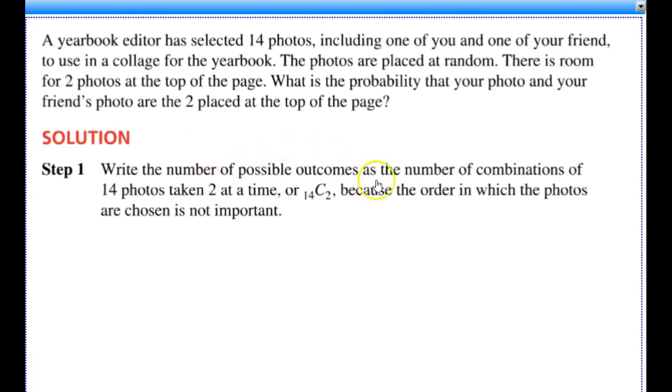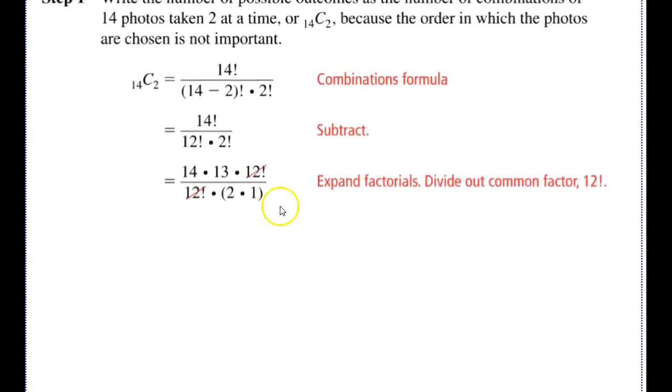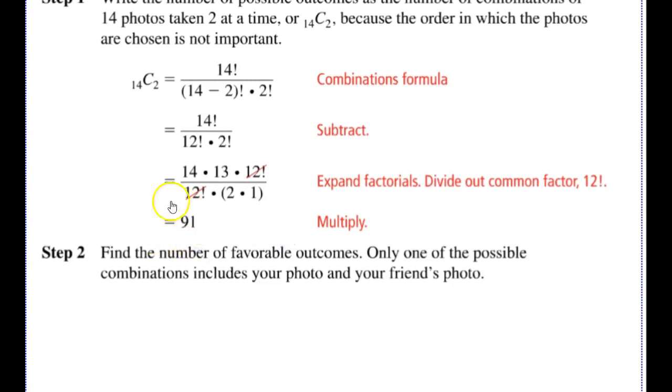So the number of possible outcomes is the number of combinations of 14 photos taken 2 at a time, right? Because there are 2 that I'm taking and 14 total, and the order is not important. So I use my combinations formula, subtract, expand out, and then simplify. So there's 91 here. Then I want to find the number of favorable outcomes.